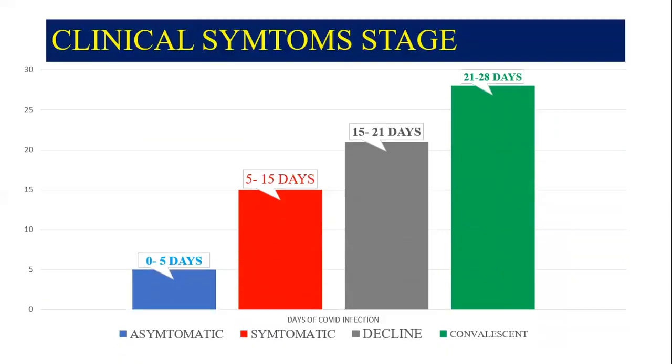Next, the clinical stages. There are 4 stages: asymptomatic, symptomatic, decline, and convalescent. In the asymptomatic stage, the patient won't get any symptoms, for days 0 to 5. The symptomatic stage is observed at 5 to 15 days; the patient has fever, headache, and body pains.